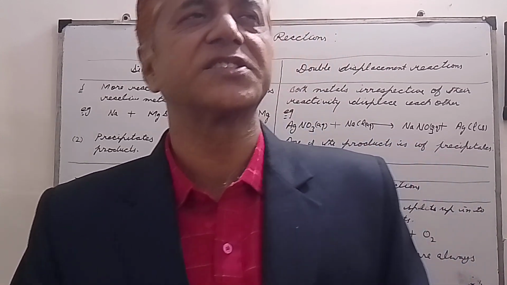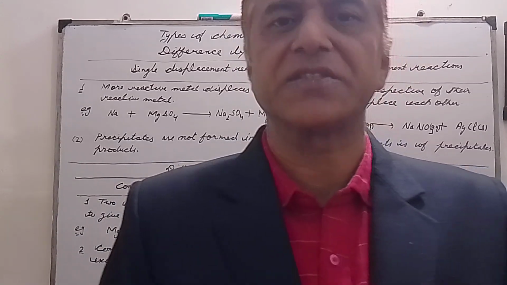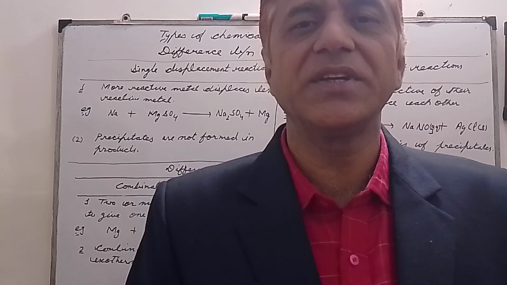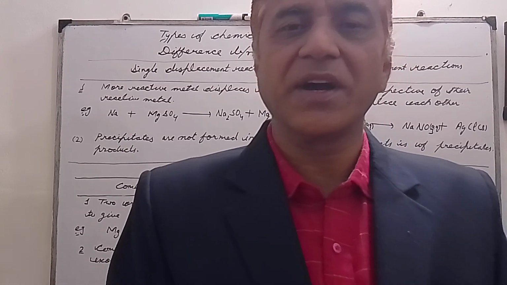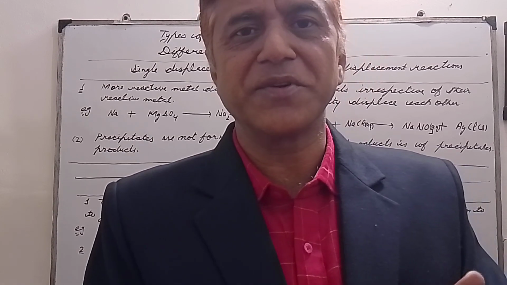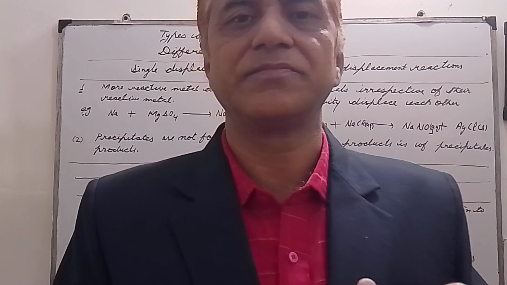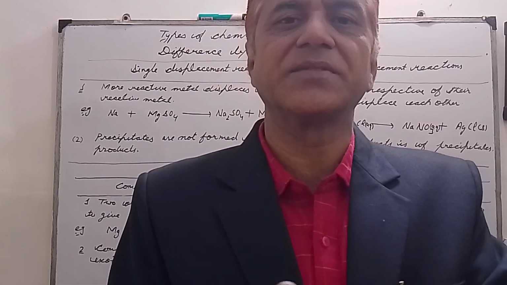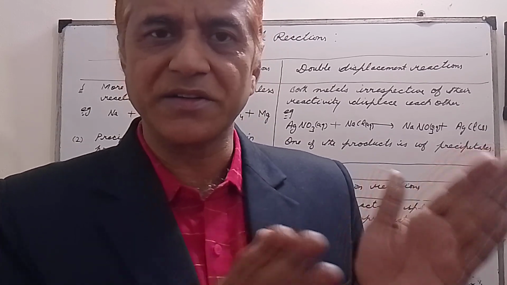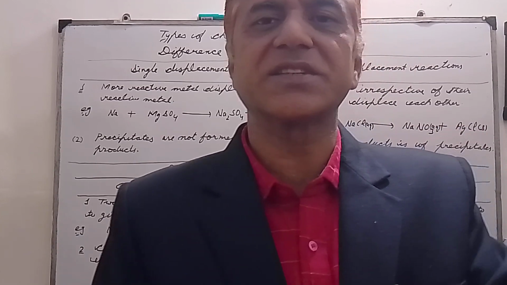Double displacement reactions are those reactions in which there is an exchange of positively charged ions, and the reactants we take are either two salts or one salt and one acid, mineral acids, because like ionic compounds such as salts, mineral acids are also ionic.